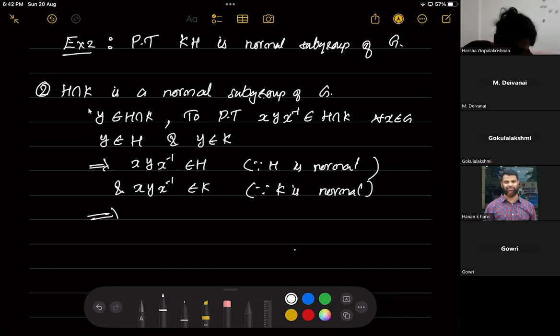Now, what is the next step? Intersection. Yes, it belongs to H and K. So obviously, it will belong to H intersection K. Fine. This is what we want to prove. XY X inverse belongs to H intersection K. And this is true for all X. So, H intersection K is normal.